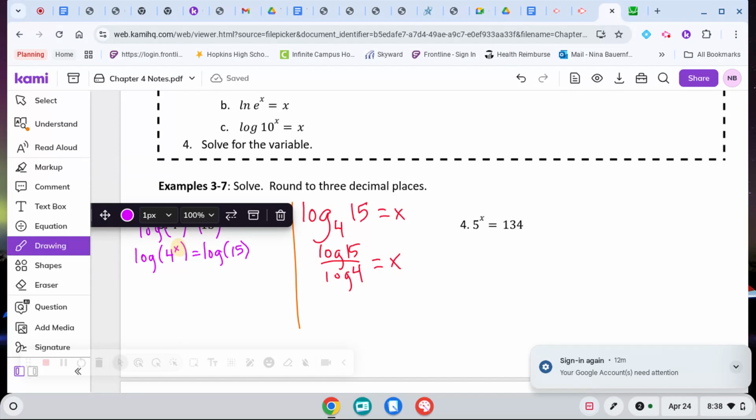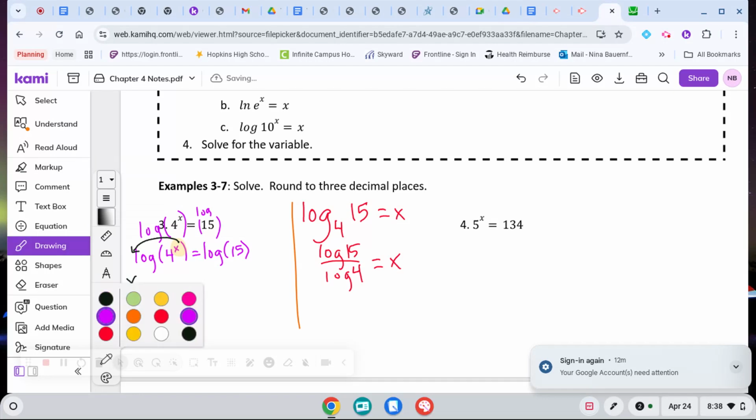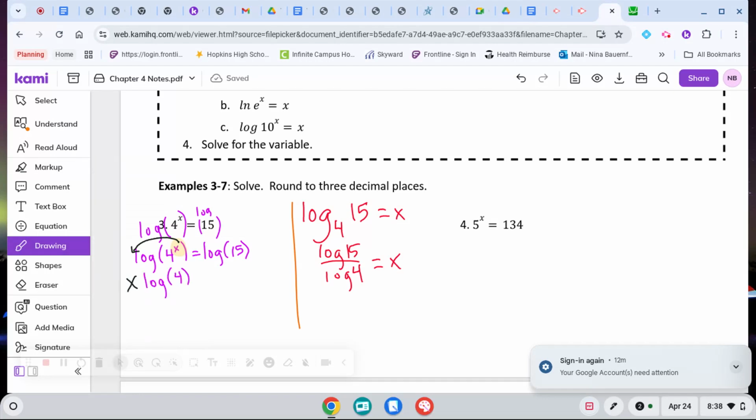So we can take that and go, there. So then we have an x out front, and we have x log of 4 equals log of 15.